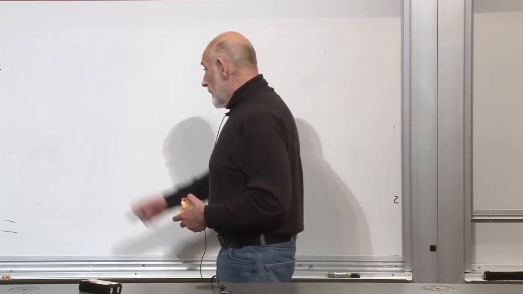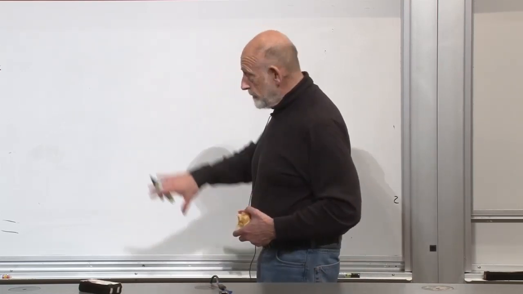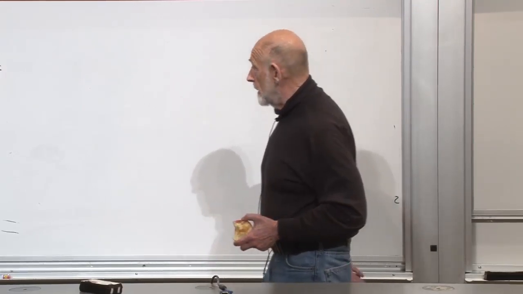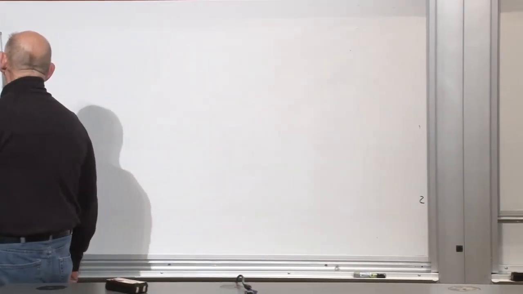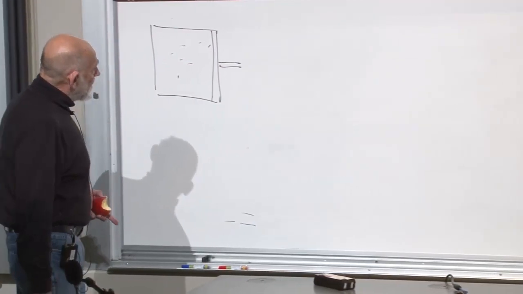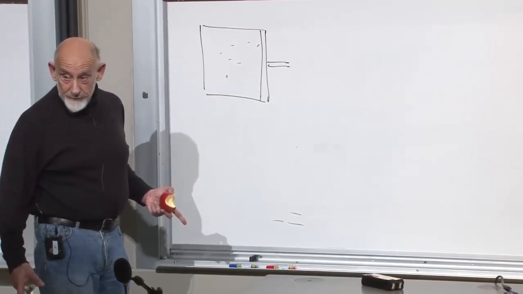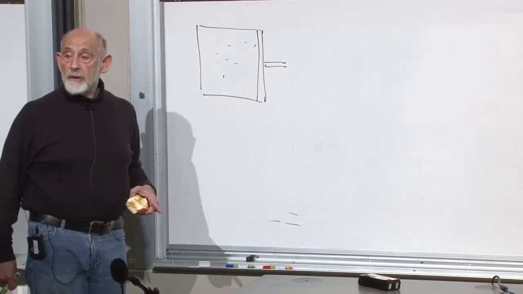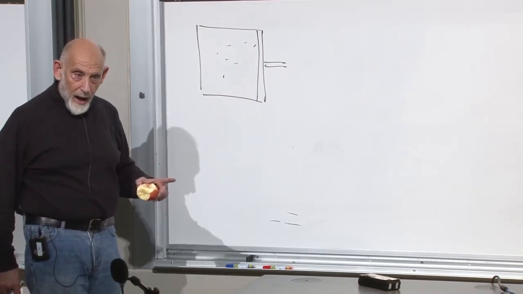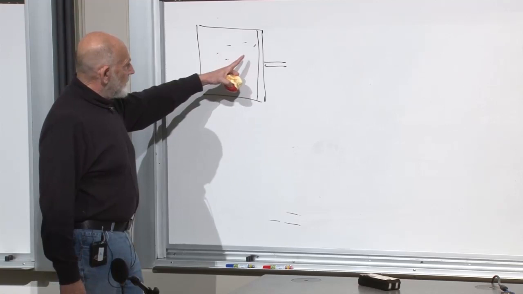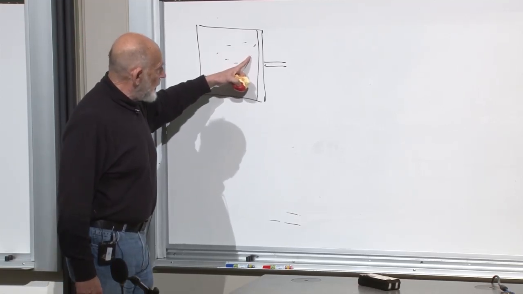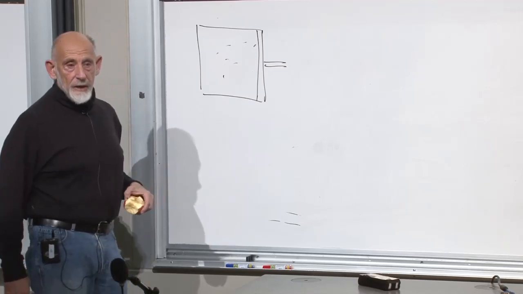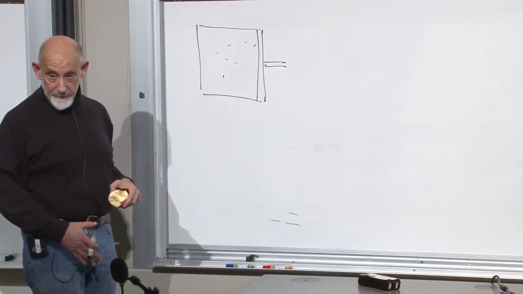If we move the piston out, the pressure pushes out and does work on it. Where does that work come from? That work is energy. If the gas does work on the piston, then there's a change in the energy in here of negative sign.